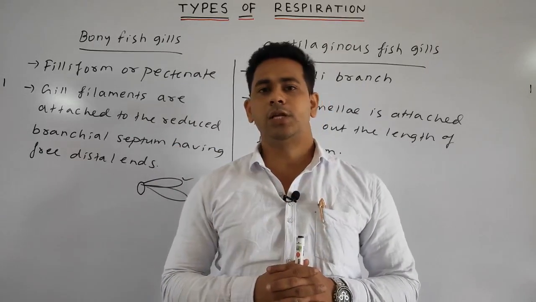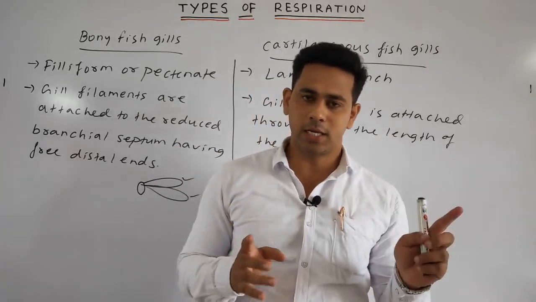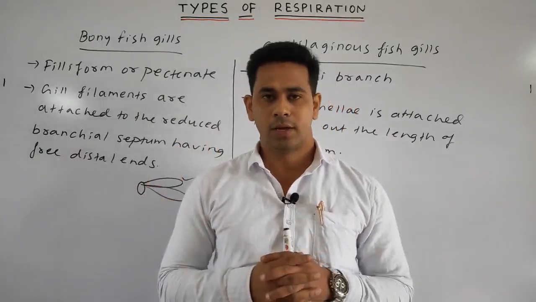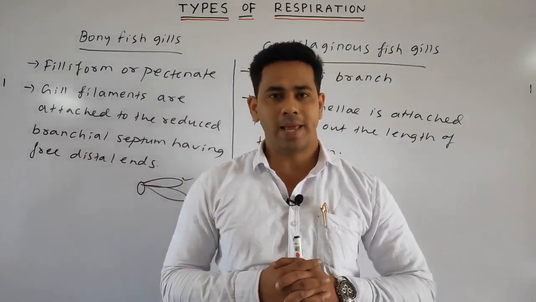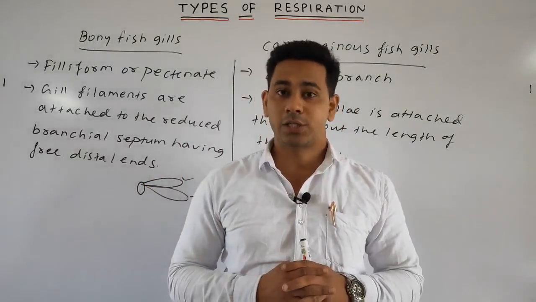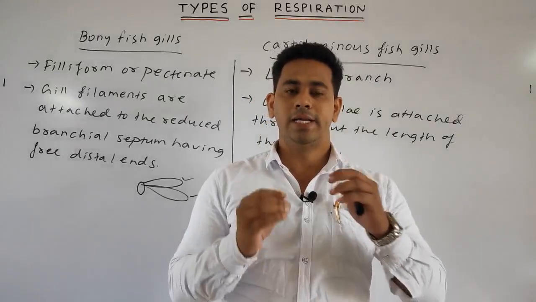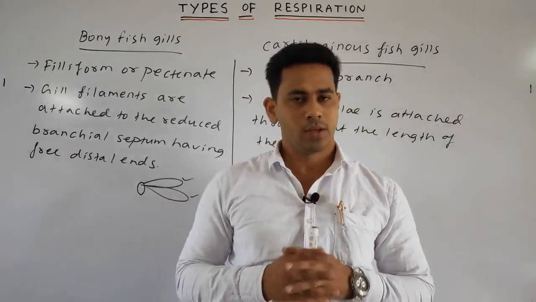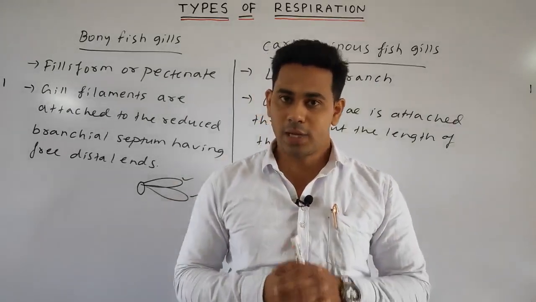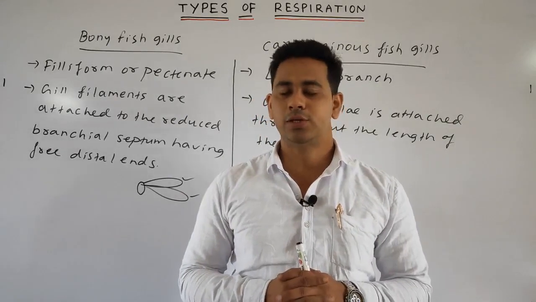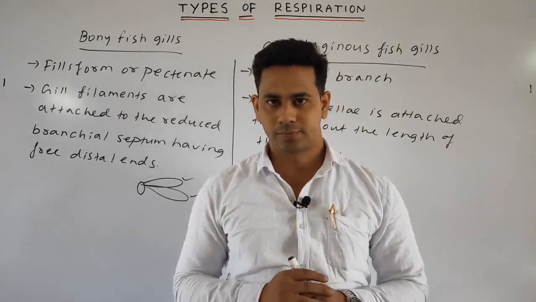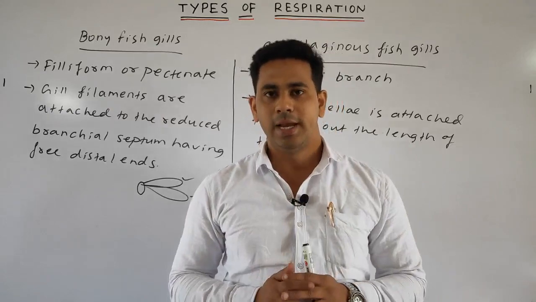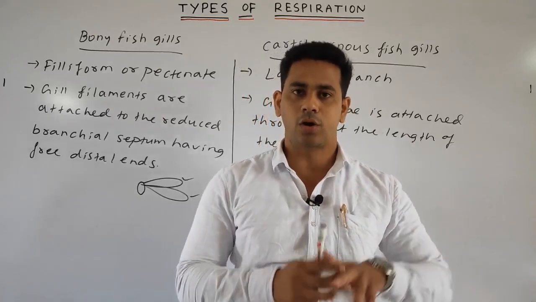The gills are further divided into two types: internal gills and external gills. The internal gills are placed inside, whereas the external gills are open to the outside. In the case of the external gills there is no covering, but the internal gills are covered by a bony structure called the operculum.